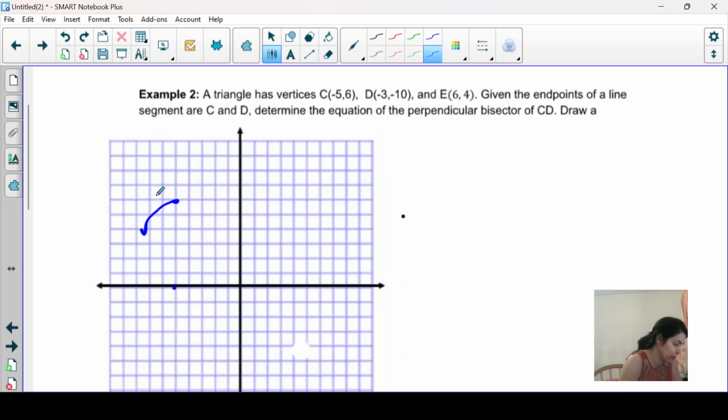This is A, and this is the point C, triangle A. Point D is negative 3, negative 10: negative 3, and 1 2 3 up to negative 10.